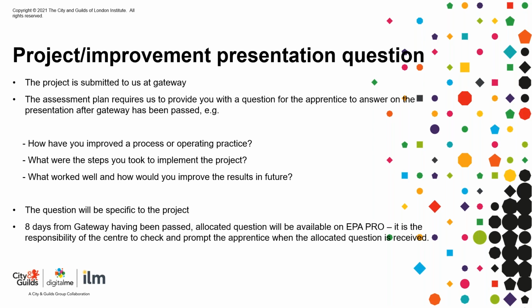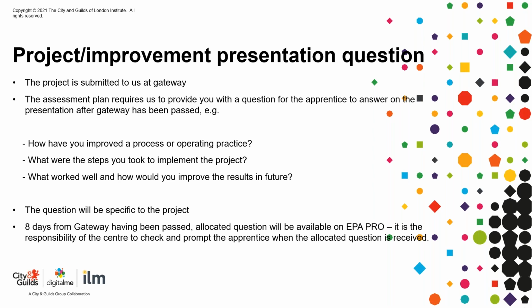The question we ask will be specific to the project and may well be based on an area of potential weakness that the LIEPA has identified by looking through the submitted report. This will give the apprentice the chance to make sure that this area is covered in the presentation rather than having it followed up in the question and answer session. 8 days from Gateway having been passed, this allocated question will be available on EPA Pro.